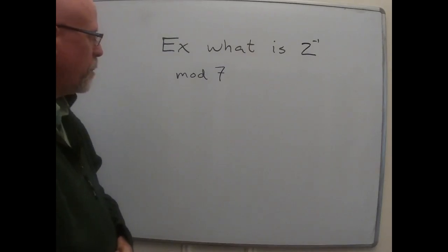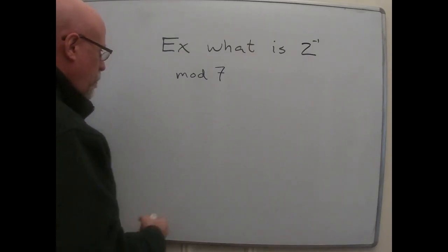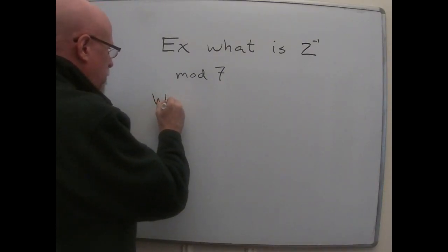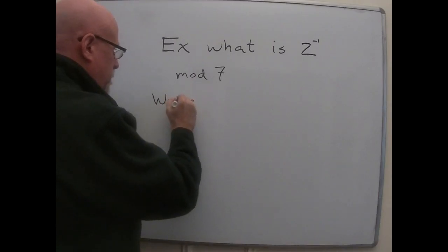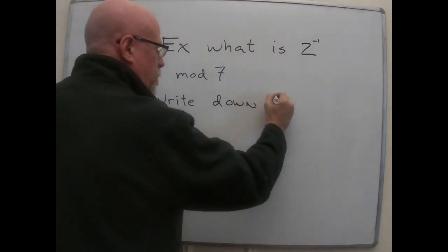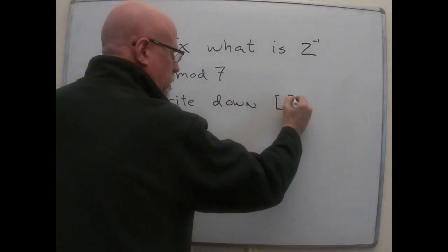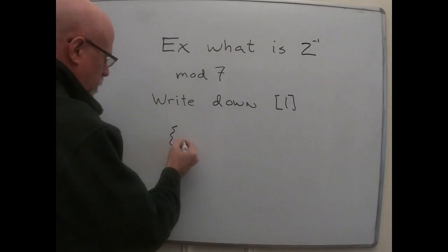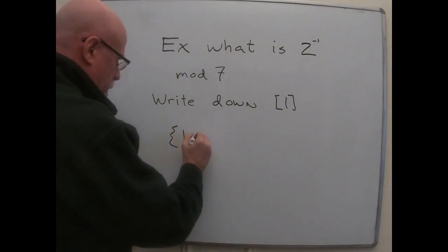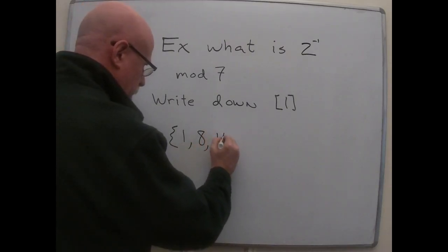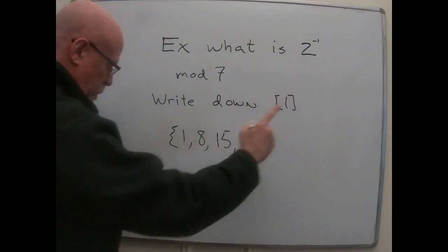Well, this is pretty quick, because what you do is you write down all the things that are 1 mod 7. In other words, you write down this congruence class. That consists of 1 itself, and then 7 and 1 is 8, and 14 and 1 would be 15, and it's infinitely long.